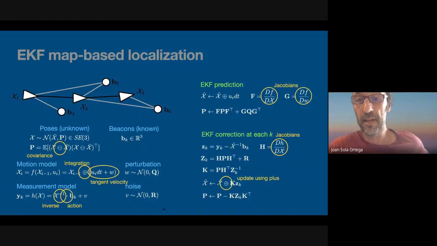We update using the plus, so that when we compute K z, it is an update step which belongs to the tangent of X. So we compose it with X with a plus sign, so that the new X, which is an element of SE3, completely nonlinear, can be updated with a vector. That's super cool. Okay. The rest of this slide contains formulas of EKF, which is completely standard, no surprises.